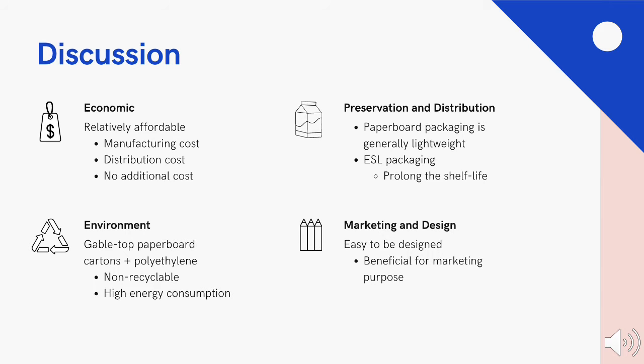This idea is undoubtedly reducing the manufacturing cost, as the production fabrication is found to be less complex and the accuracy of filling the gable-top paper-based packaging is higher than glass and plastics.